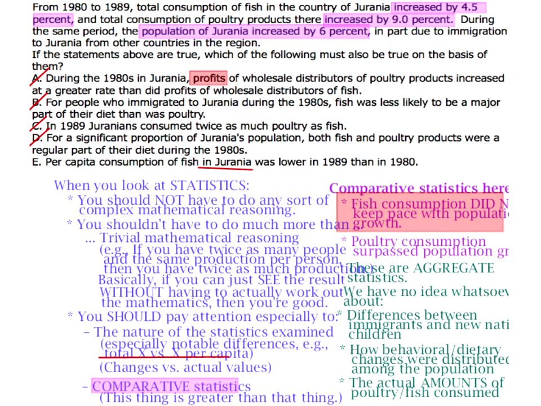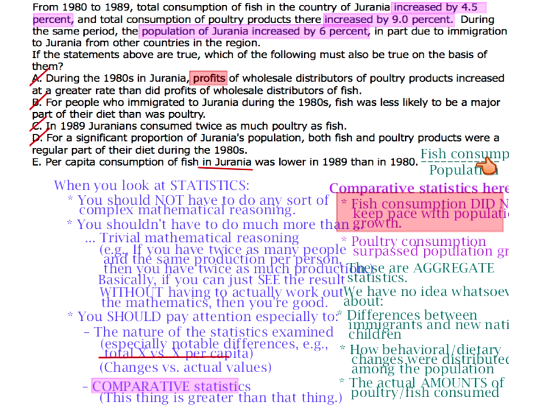So if you divide a number that's only 4.5% bigger by a number that is 6% bigger, you're going to get a smaller fraction than you got the first time, because the denominator grew faster. If we write the fraction out, it might be easier to think about. It's fish consumption divided by population.